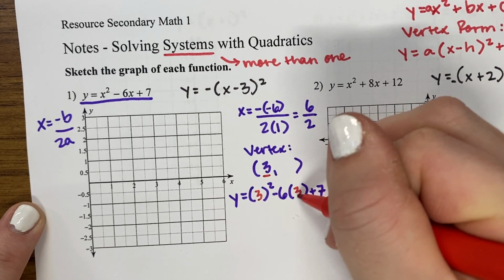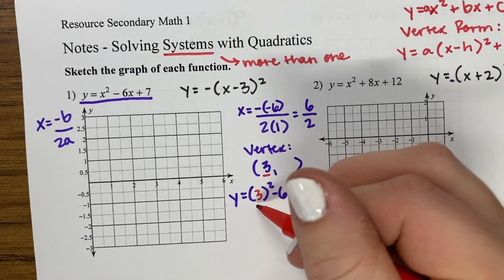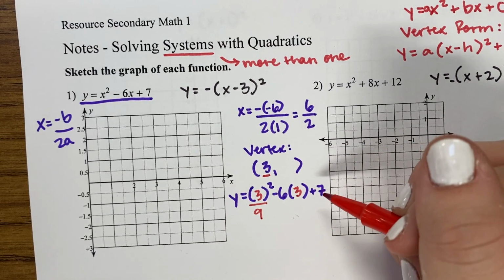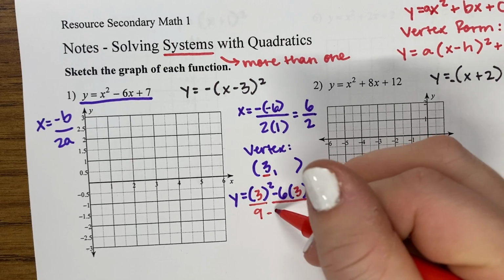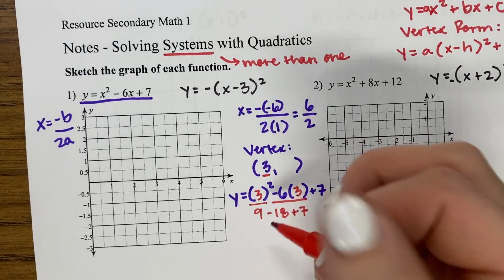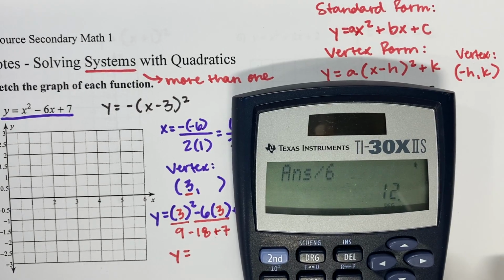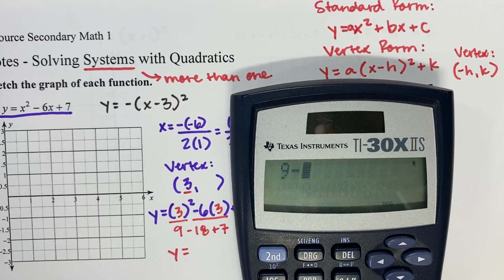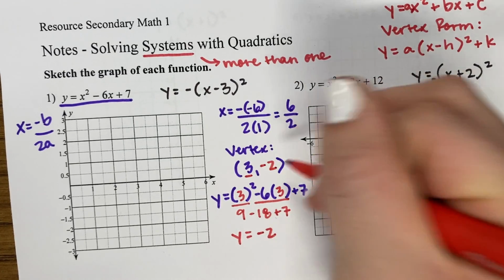So 3 squared, my first piece, is 9. Negative 6 times positive 3 is negative 18, and plus 7. I can do this in a calculator because it's all just adding and subtracting: 9 minus 18 plus 7. And so I get my y is negative 2.